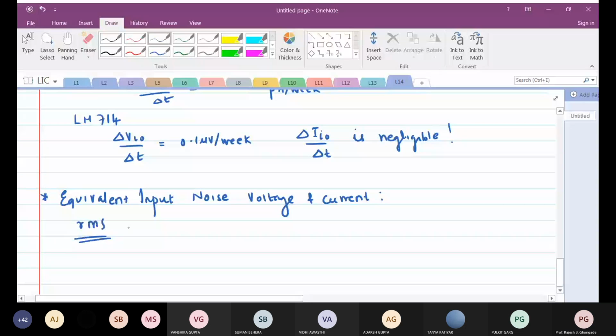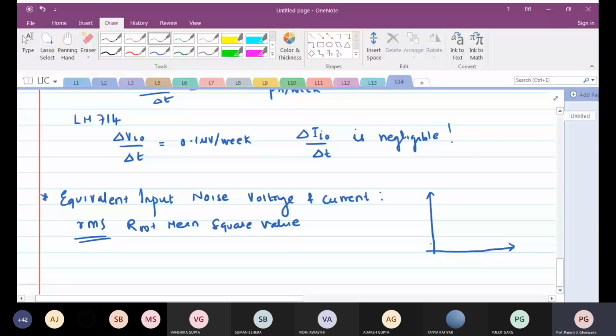RMS means root mean square value. Noise cannot be identified as a signal at a particular frequency, because since noise is random, you cannot have a single frequency component there.